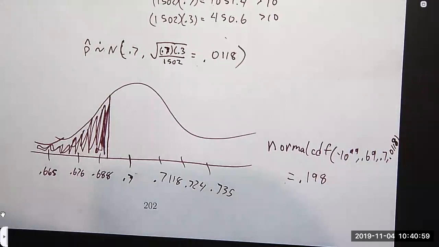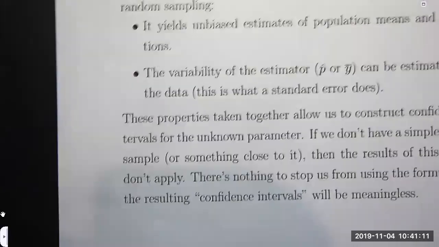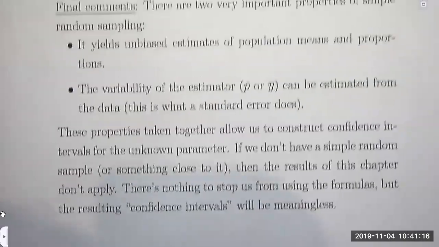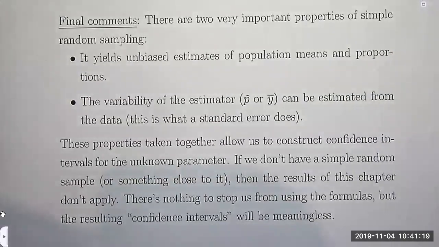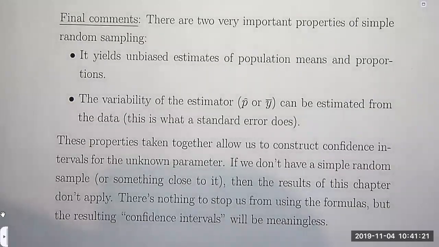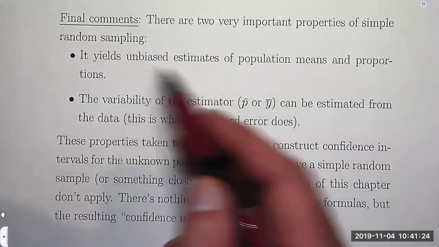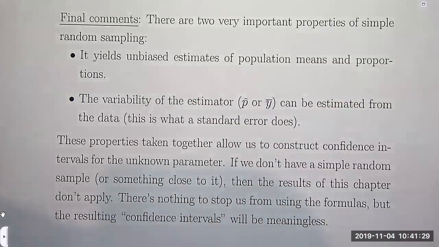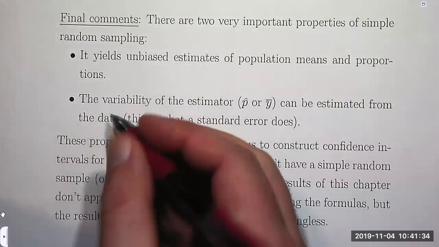All right, so some final comments here, and then I want to show you how you could find the confidence intervals using your calculator. A couple of comments here. Taking an SRS is so important because we have unbiased estimates, and then also because we can estimate the variability.